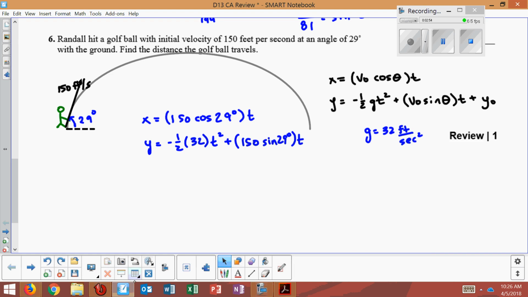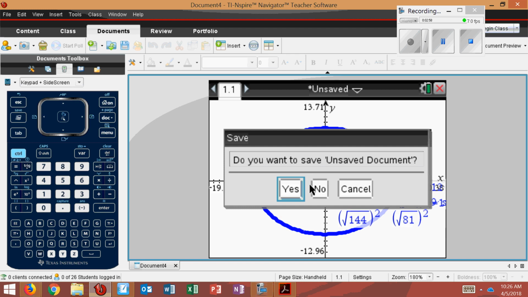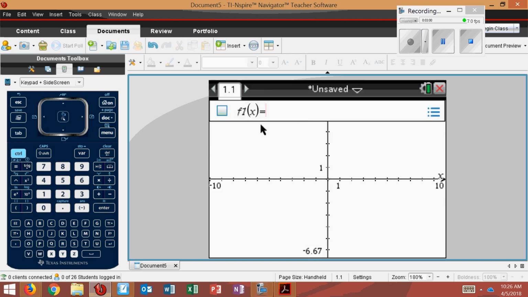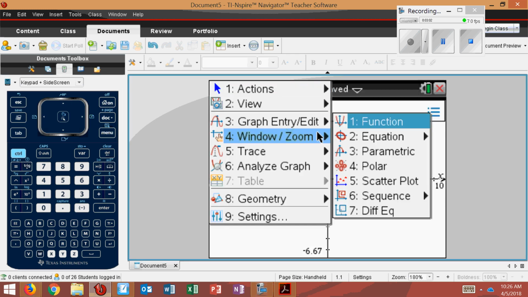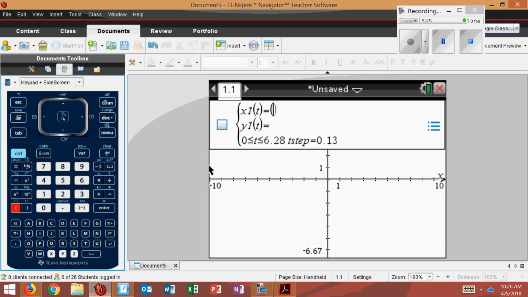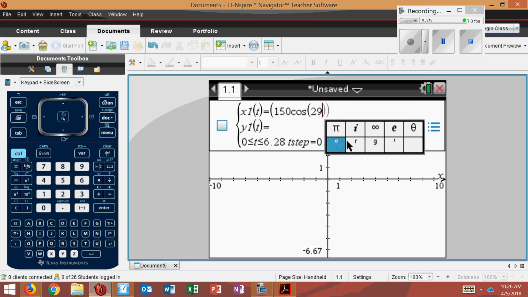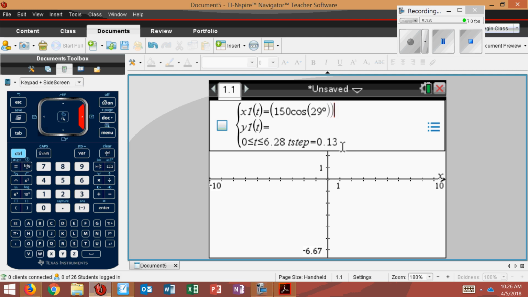So let's go to our graph and see what we come up with. We go to new document here to clear that out. And so graph, and it's a parametric equation. So my equation was 150, oops, got the parentheses. So I'm going to hit parentheses here. 150 cosine of 29 degrees. Put the degree symbol in there. And that t, the number one mistake people make is they forget to put the t outside of the parentheses.